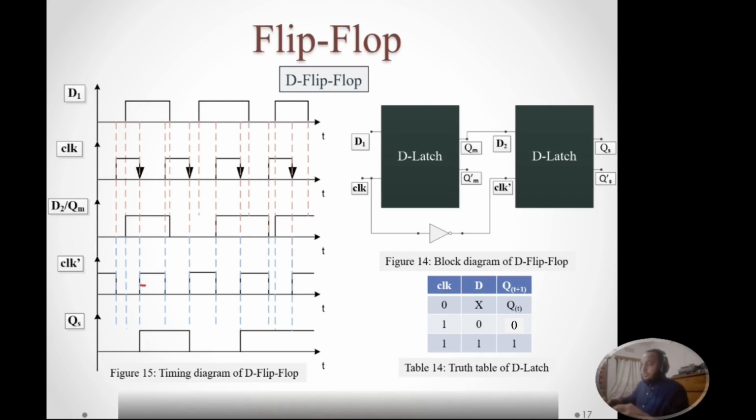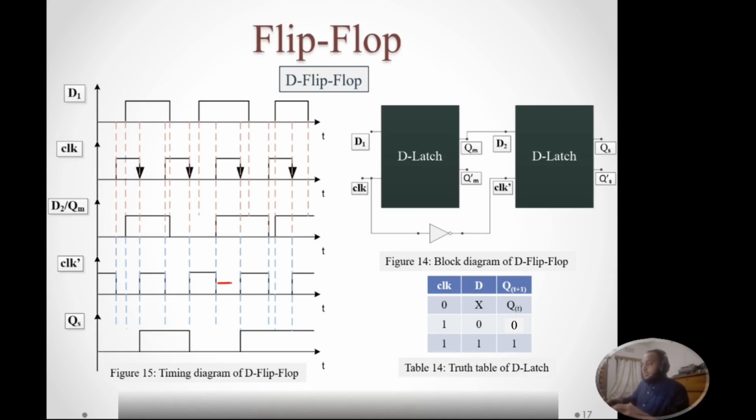From this position to this position, our clock signal is 1, D is also 1, so our output will be 1. From this position to this position, our clock signal is 0, so our previous output will continue. From this position to this position, our clock signal is 1, our D is 0, so our output will be 0.